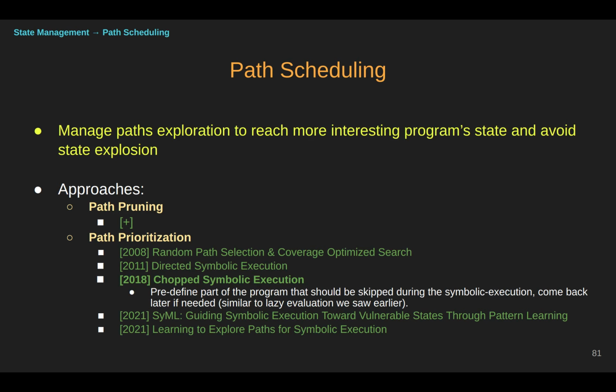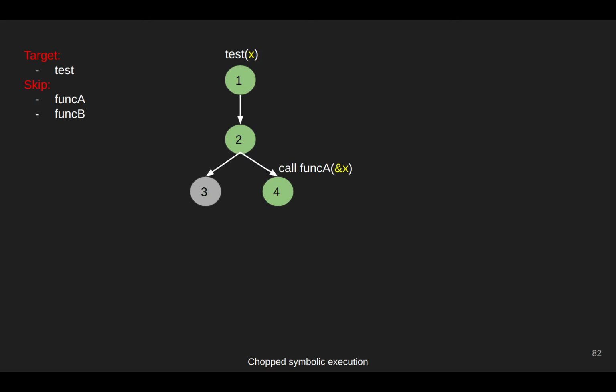So you also have chopped symbolic execution. This is similar to what we saw earlier regarding lazy evaluation. You say there are some parts of the program that I don't want to execute, or I just want to skip them now, and if I need to, I will come back to them later. Here, if your test function calls function A with a reference to X, you snapshot your state and come back to it later if you need it.